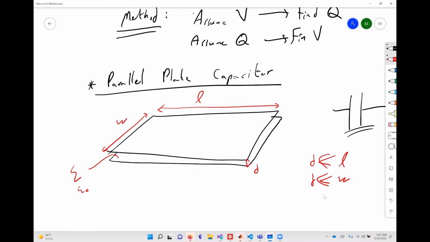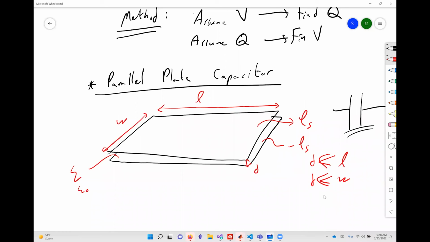So the idea is that the top plate is going to have a charge density rho S. The bottom plate is going to have a charge density minus rho S. And because the plates are close to each other, you can apply the infinite plane approximation. What does the infinite plane approximation give us? It will give us a uniform field inside.